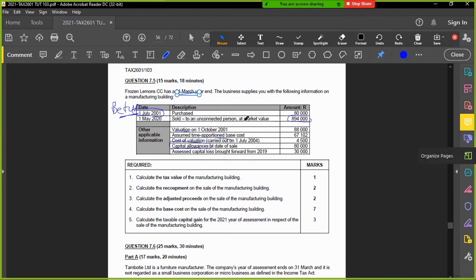So I do think there is a profit here. And also looking at the question, I know there's a profit now. They said calculate the recoupment. There is a profit on sale. Does that make sense? Yes. Okay, so this one's before again, and then you've got a calculation for recoupment.